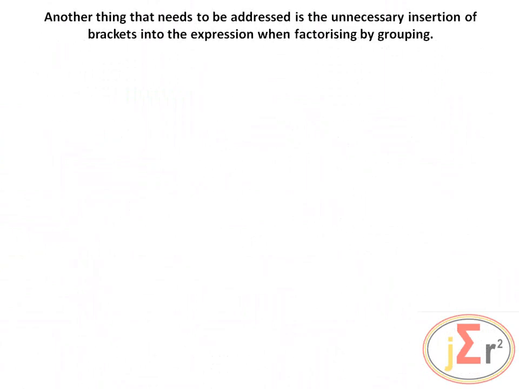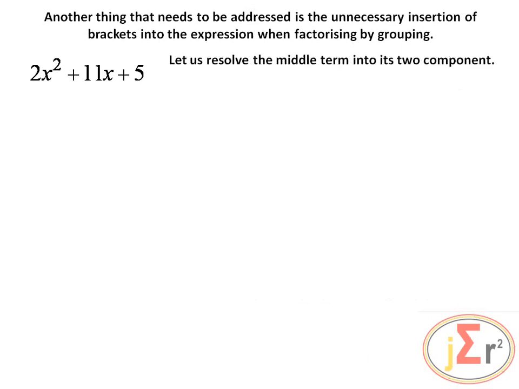Another thing that needs to be addressed is the unnecessary insertion of brackets into the expression when factorizing by grouping. The unnecessary insertion of brackets. Let us resolve the middle term into its two components.